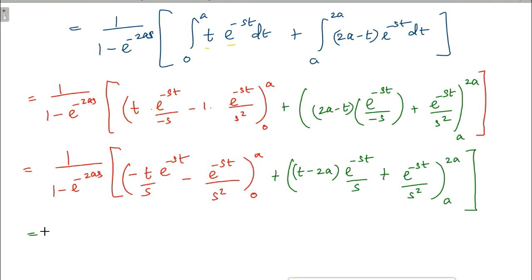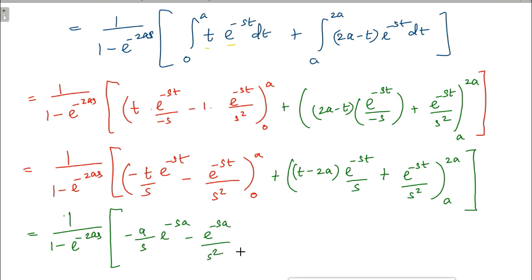Now I am going to substitute upper and lower limits. So if you apply t equal to a, you may get minus a by s e power minus sa minus e power minus sa divided by s square.